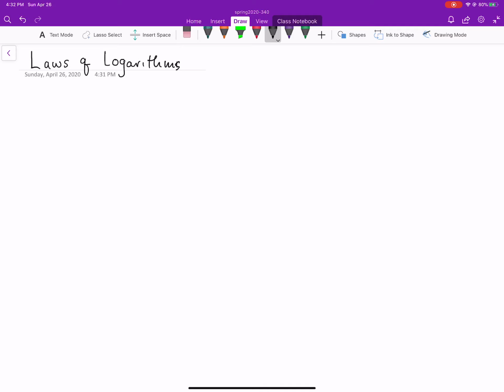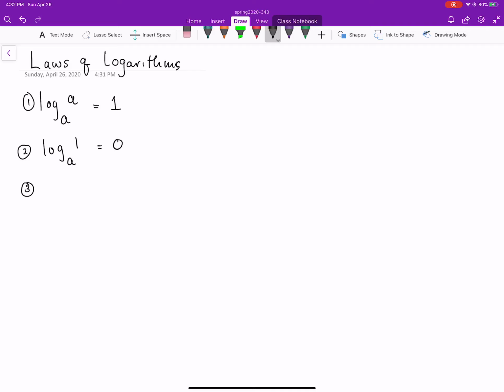Let's make sure that you still remember these properties. The first one, let's call that 1: log base a of a is equal to 1. 2: log base a of 1 is equal to 0.